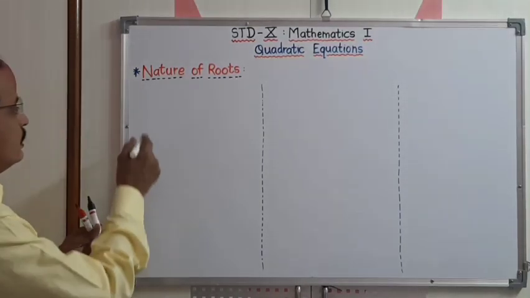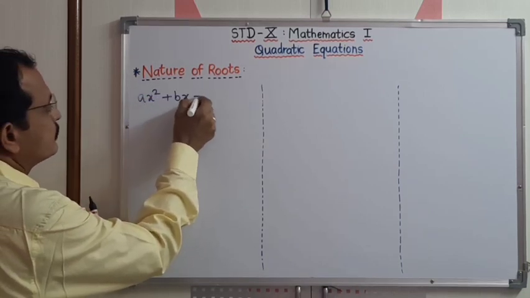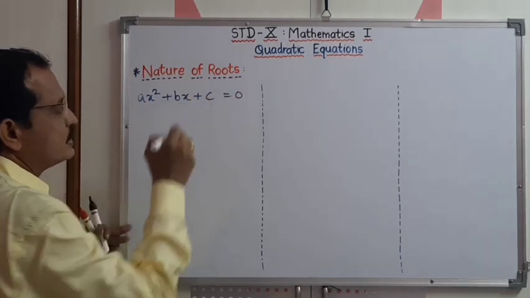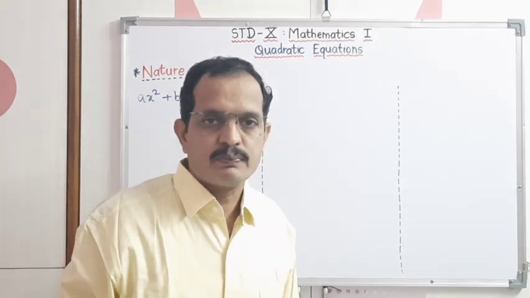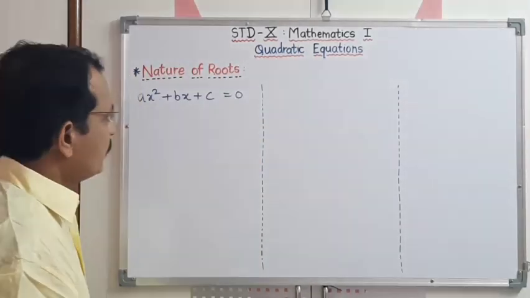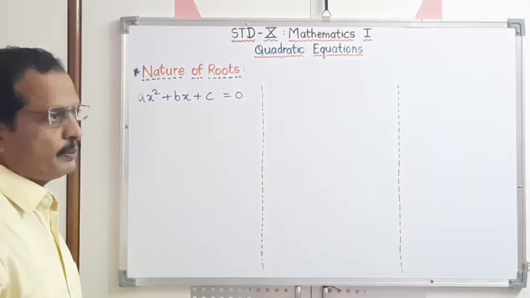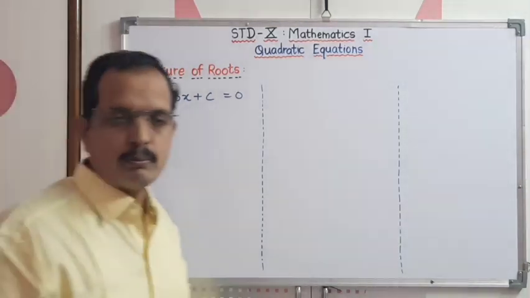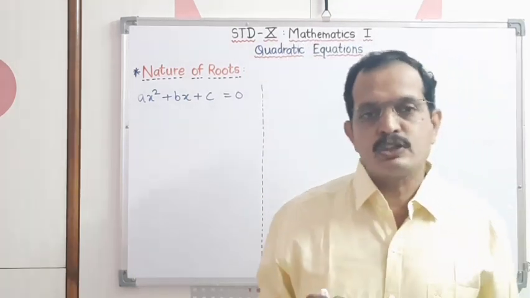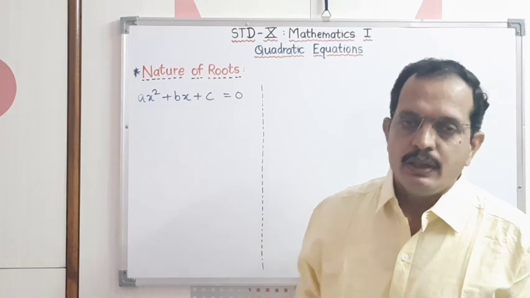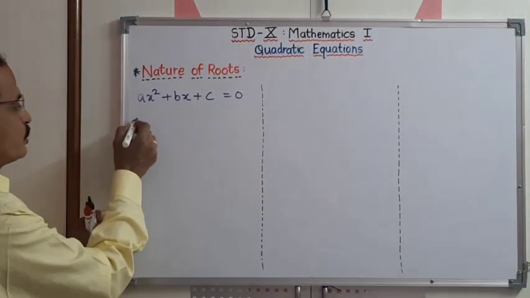All of you know that ax square plus bx plus c equal to 0 is the standard form of a quadratic equation, and to find the roots we use the formula x is equal to minus b plus minus under root b square minus 4ac upon 2a. In that, first of all we have to find the value of b square minus 4ac.